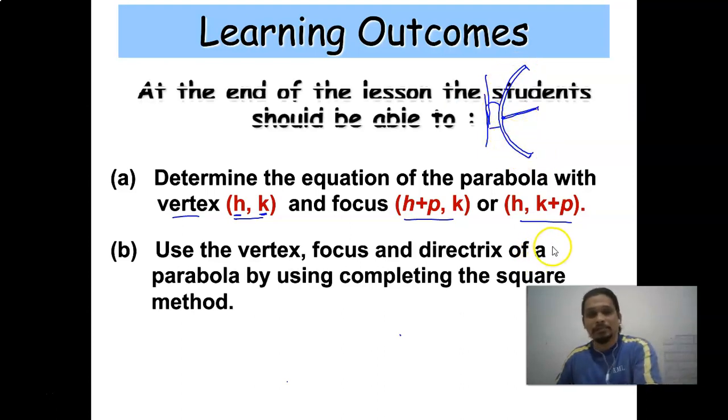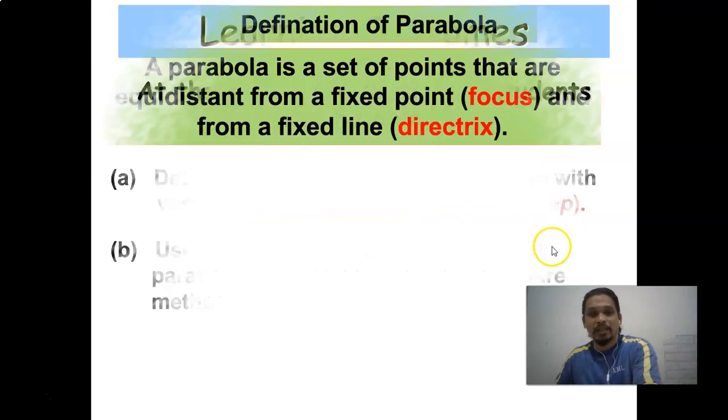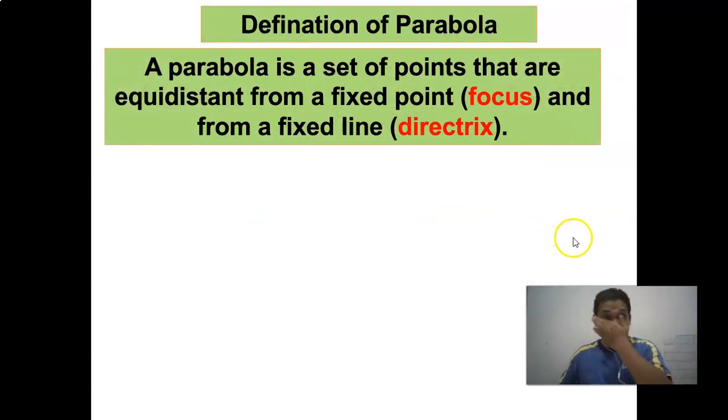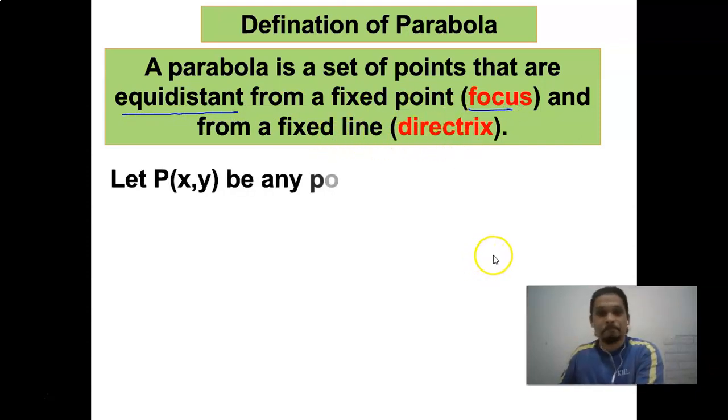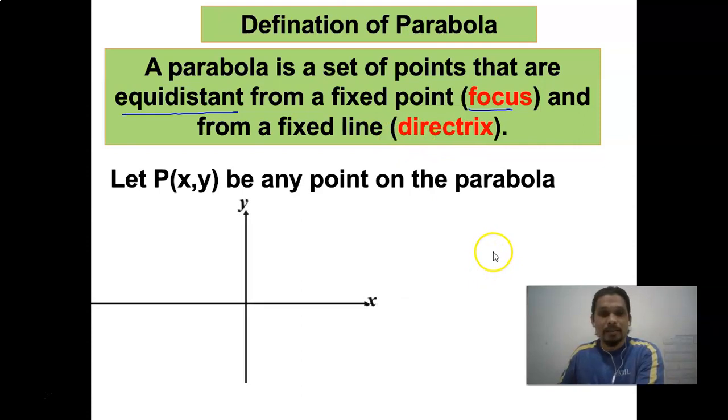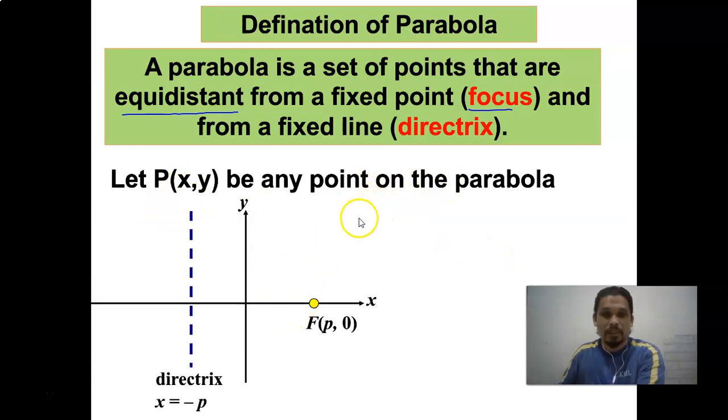So then, a parabola is a set of points that are equidistant from a fixed point. Equidistant means the equal distance from the fixed point, the focus, and from a fixed line, the directrix. Okay, let P(x, y) be any point on the parabola.